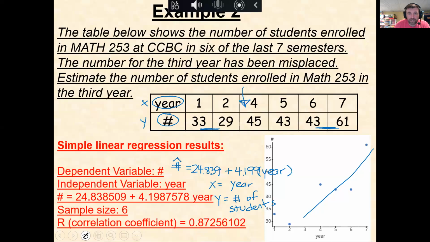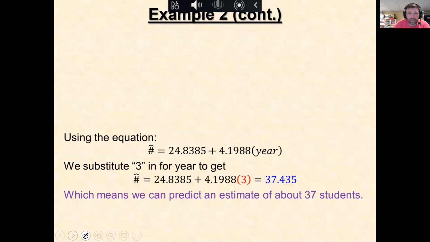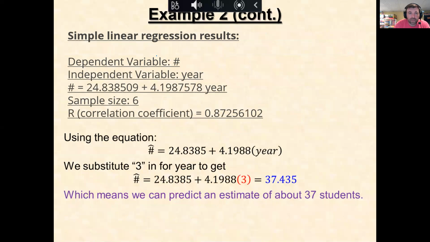You can see the correlation is 0.87, so it's pretty strong, positive, going up. But this question was asking to estimate the number of students enrolled in the third year. So this is our output on StatCrunch. So here's the equation. Number hat equals this.